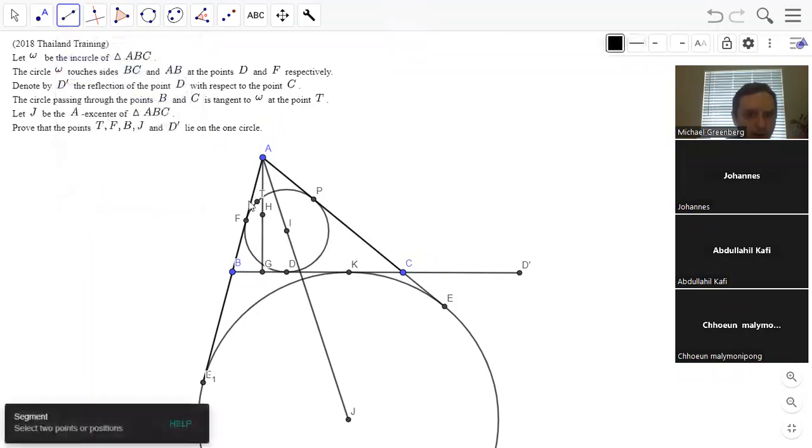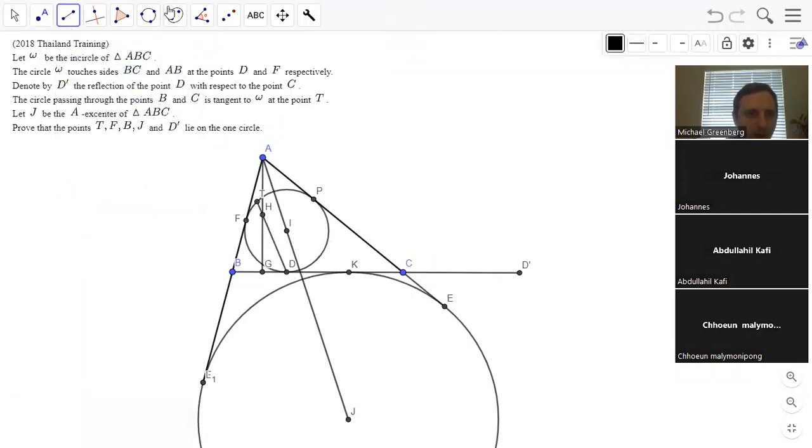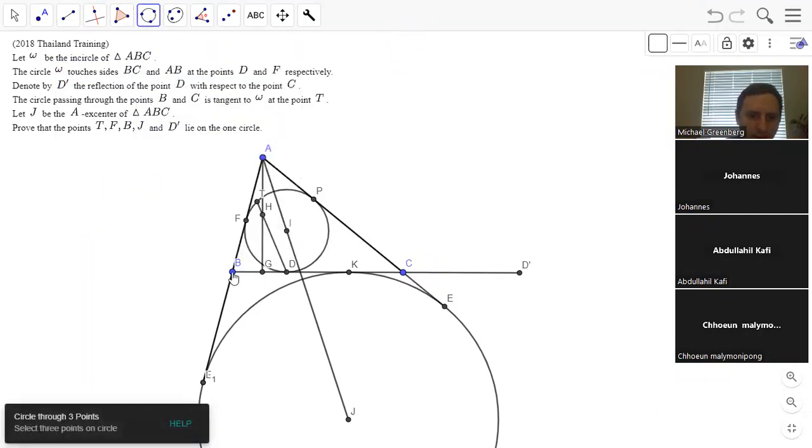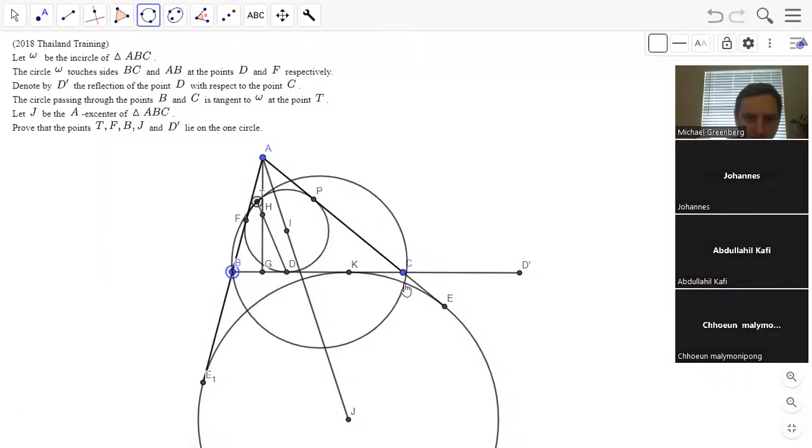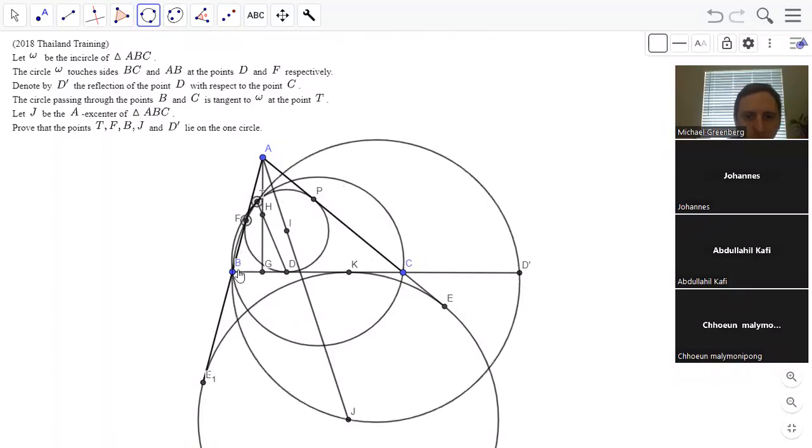All right, so let's draw that. Then we have J. We want to show TF, BJ, and B prime are cyclic. Interesting.